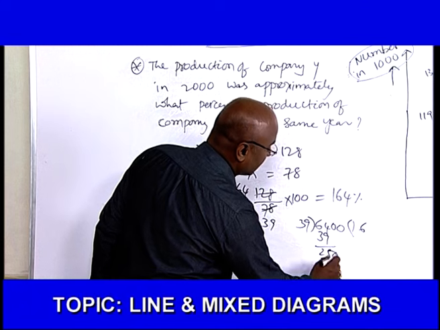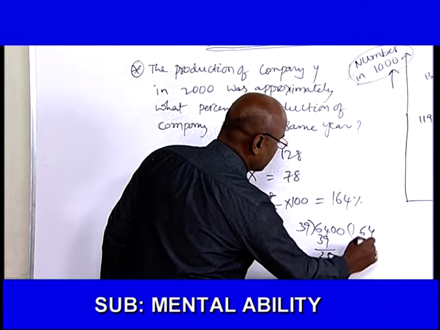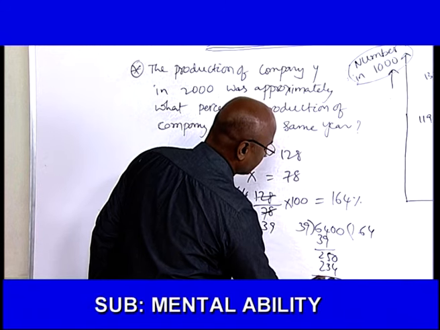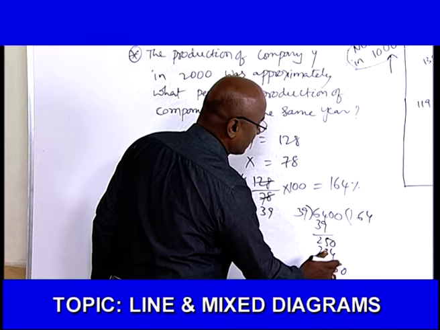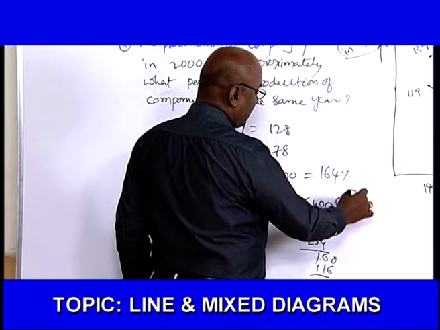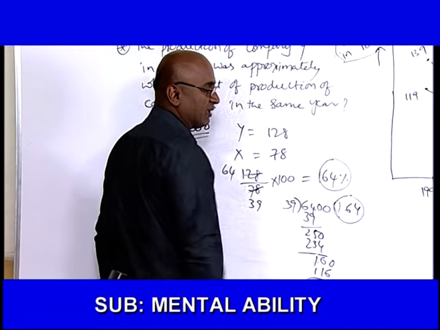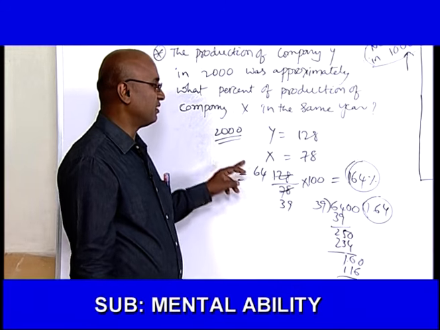That is equal to 6, 5 minus 3, 2 and 0, and 39 4s approximately 116. So approximately it is around 164 or 165%. Approximately the value can be said as 164%.